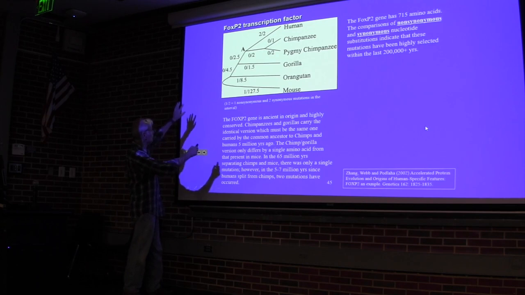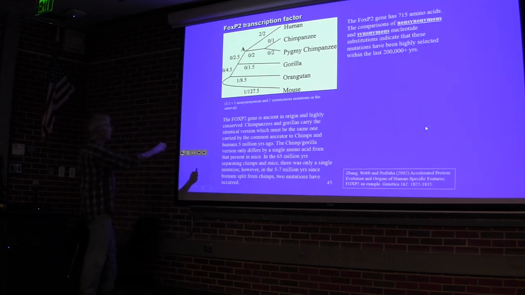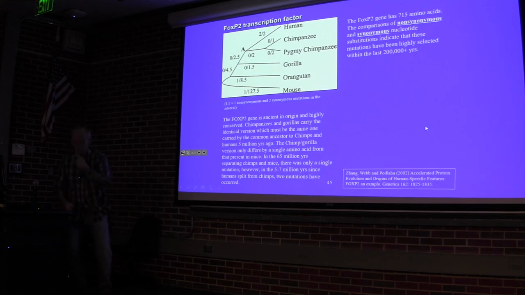Look at this. One happened between modern orangutans and the split with the gorillas, chimps, and us. So you see, nothing happened in this interval, nothing happened between gorilla and the chimps. But look what happened between when we split from the chimps and pygmy chimps. We picked up two. So how many changes from mouse?